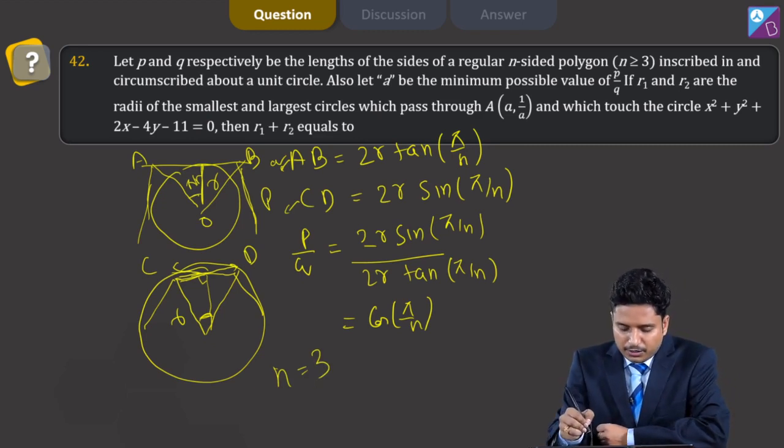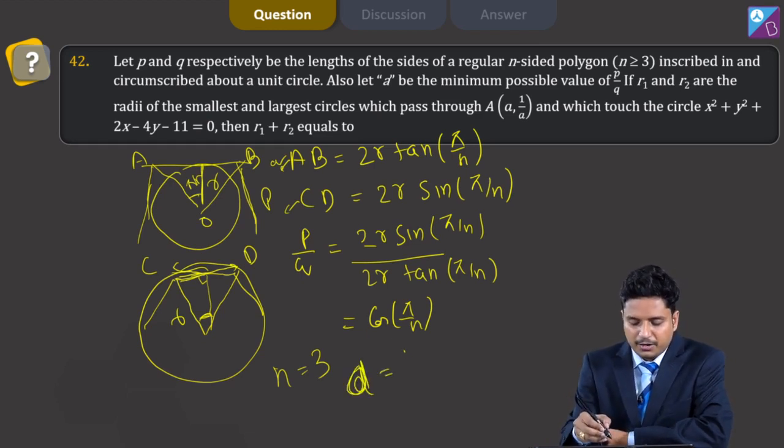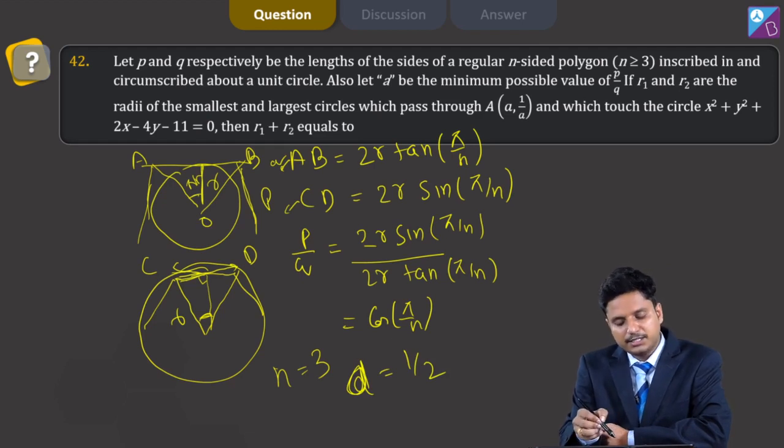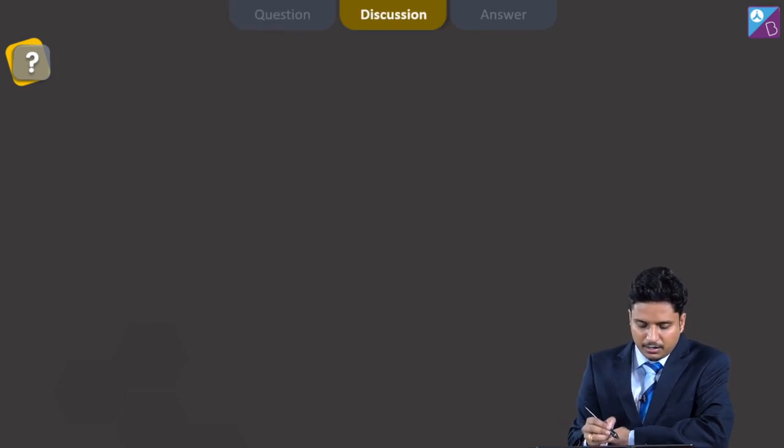So as n is equal to 3 in this case, that minimum possible value, in fact a, is 1 by 2. Now we have to focus on the radii of the smallest and largest circle which passes through 1 by 2 comma 2. This is a comma 1 by a, which is 1 by 2 comma 2, and it touches the given circle x square plus y square plus 2x minus 4y minus 11.